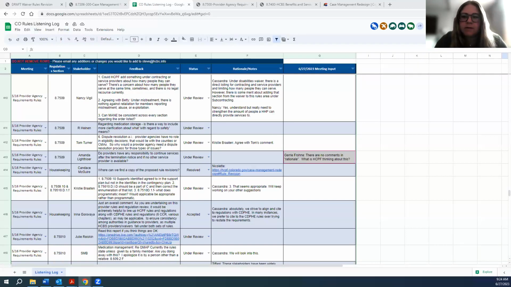So Nicolette, this is Kidron. I'm not on the provider team, and I know, Gary, this is specific to the provider rules. I'm assuming the provider team is working on a response related to the provider responsibilities. I don't believe that we would have anything in regulation requiring providers to continue services, specifically because providers have to have a prior approval to provide services.